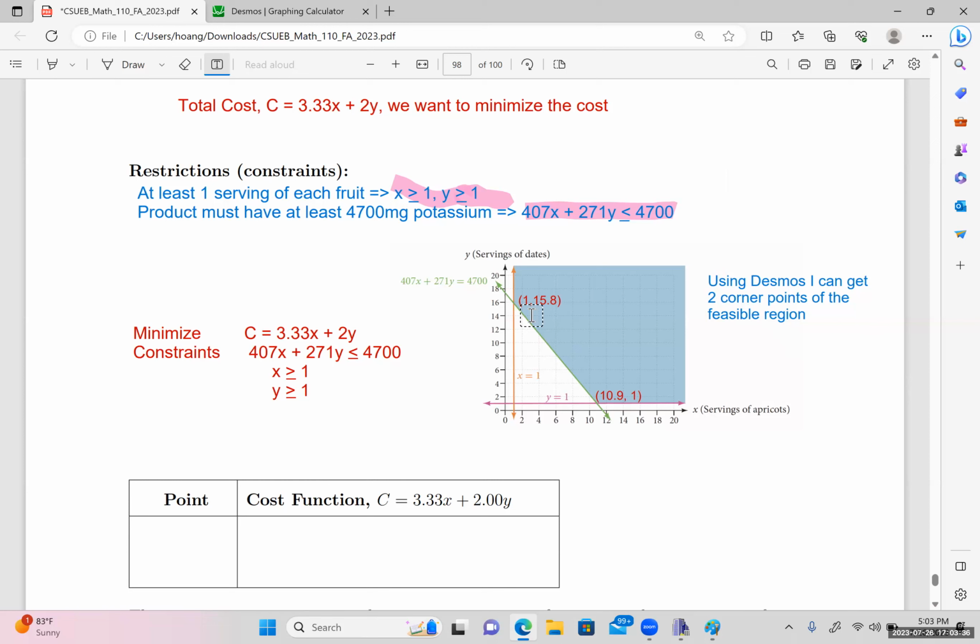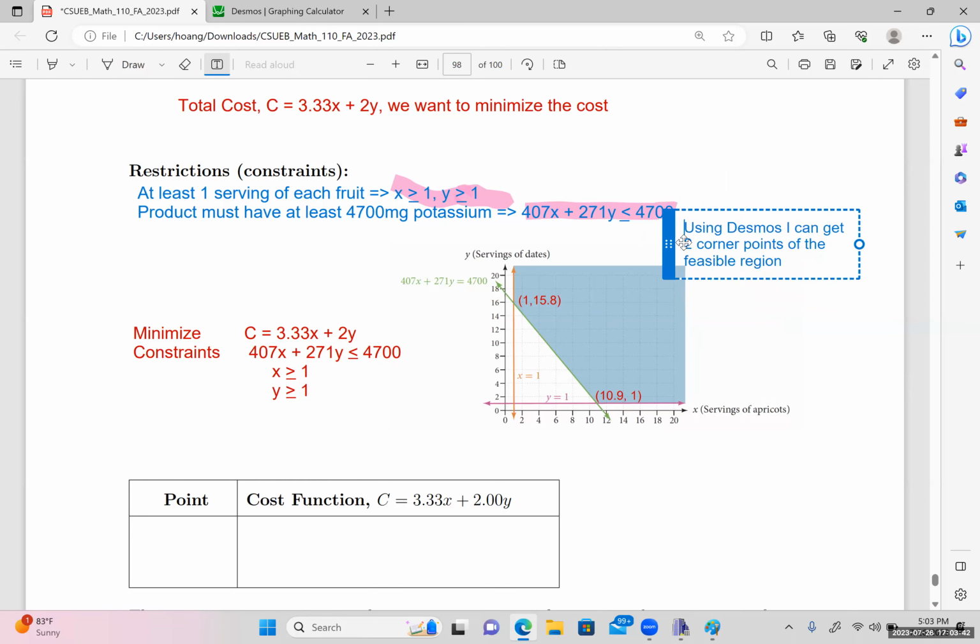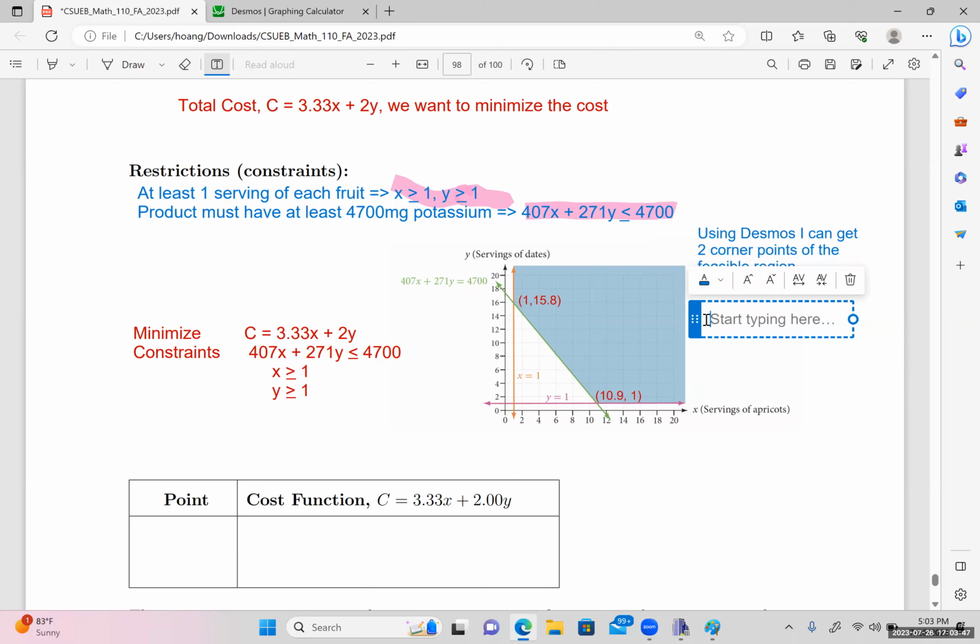Okay, so we can say this region is unbounded.